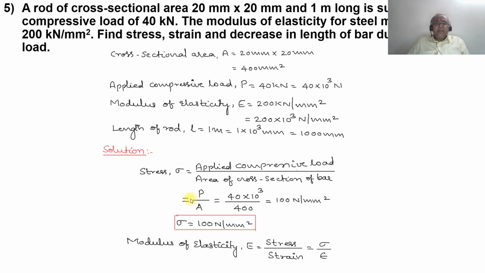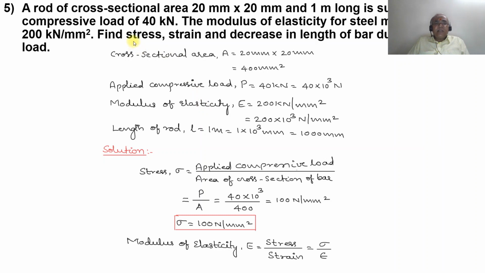So sigma equals P by A, capital A. You substitute the value of P as 40 into 10 to the power of 3, and area of cross section of the bar is 20 into 20, so it is 400 mm square. On simplification, you are going to get 100 Newton per mm square. So the stress is 100 Newton per mm square.